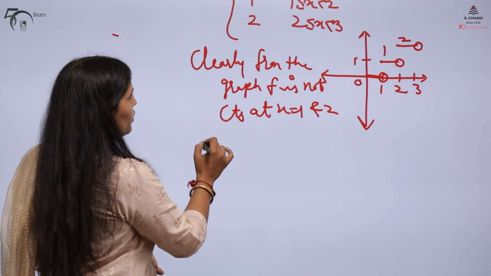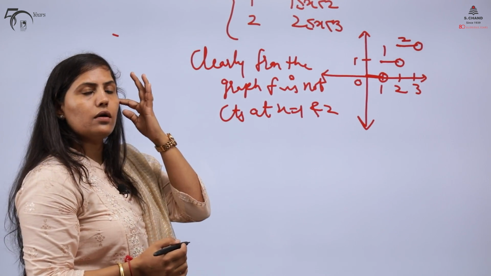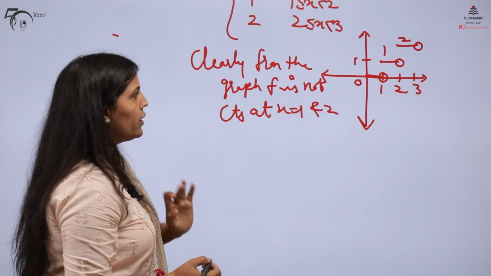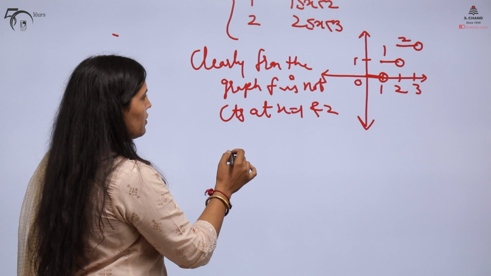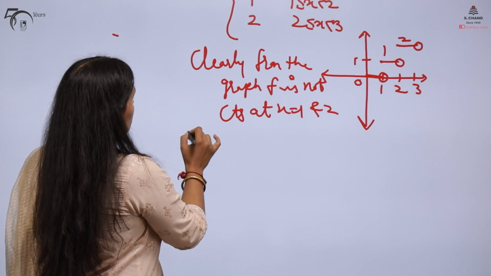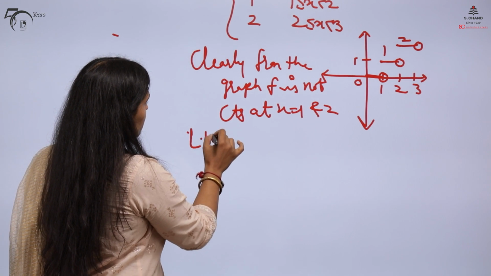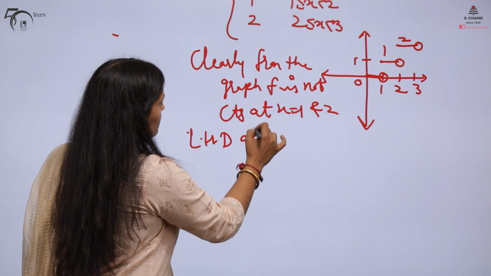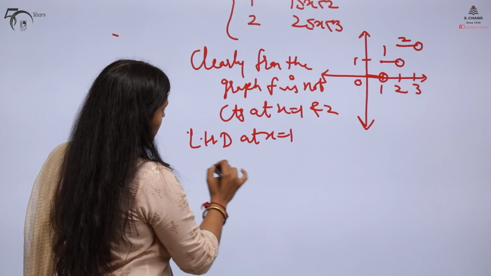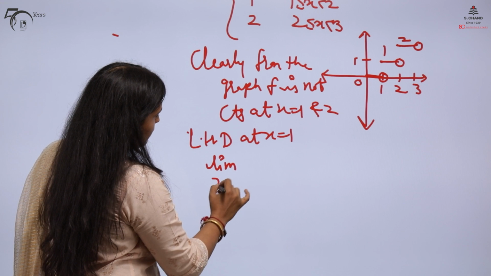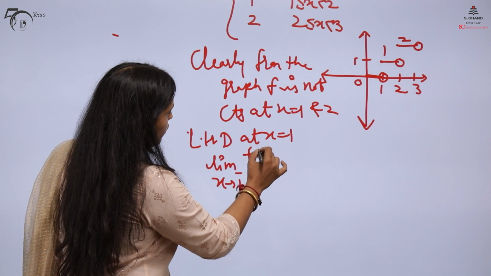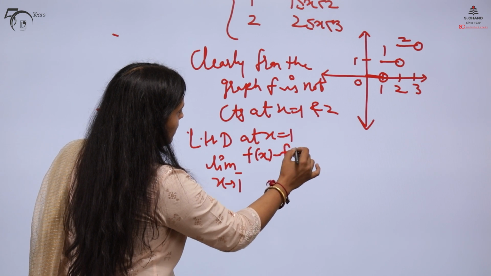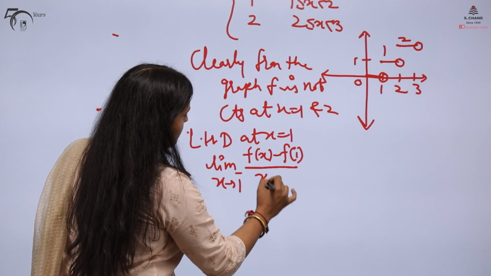So, I will be checking at x equal to 1, then you will be checking at x equal to 2, and after the break I will be telling you how to check whether your answer is correct or not. So, let us take the left hand derivative at x equal to 1. As per the definition, it will be x tending to 1 minus, it means you will be moving to the left of 1, then f of x minus f of 1 upon x minus 1.